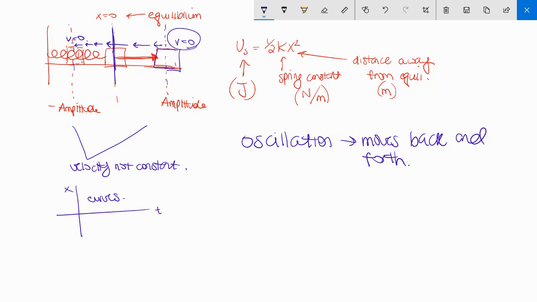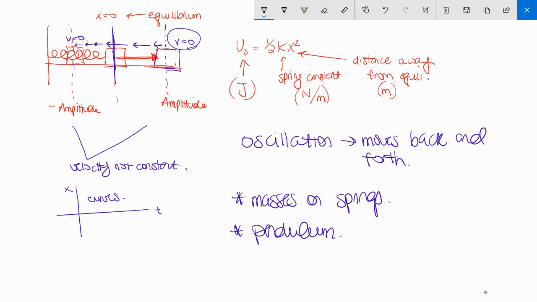Okay, the two major things we're going to be talking about are masses on springs, and the other big one is a pendulum. Now, I don't remember if we've ever talked about pendulum before. If you were in the summer workshop, I think we did pendulum in that workshop.